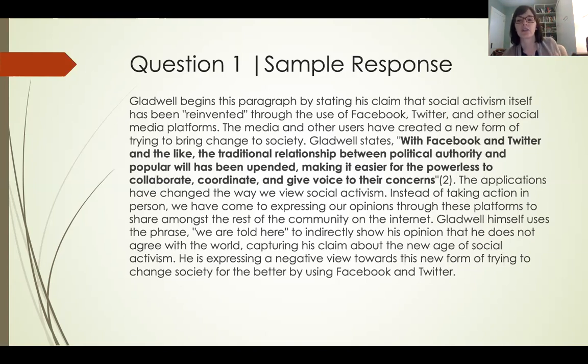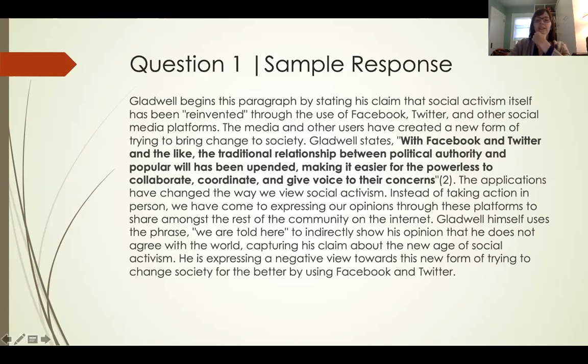Okay, and if we continue the response, "The applications have changed the way we view social activism. Instead of taking action in person, we have come to express our opinions through these platforms to share them among the rest of the community on the internet." Okay, so one way that could become even stronger is to refer back more specifically to the information we get in the quotation, right?